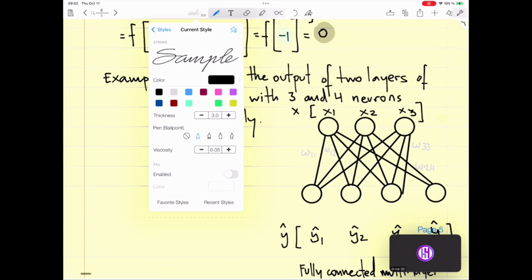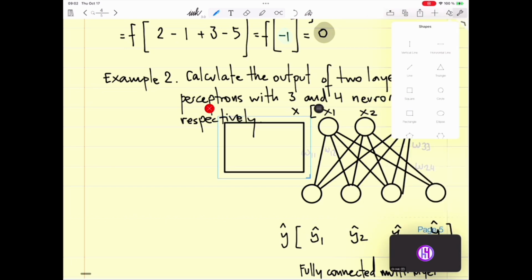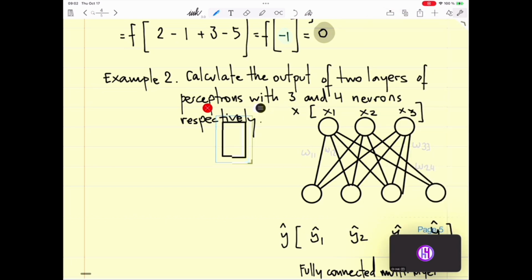So any questions so far? Yeah, it will be a matrix. Yeah, exactly. It will become a matrix. You'll see in a minute. Exactly. So we go there and we describe now the problem, and this is what you would get in the exam as well. You would get some numbers.